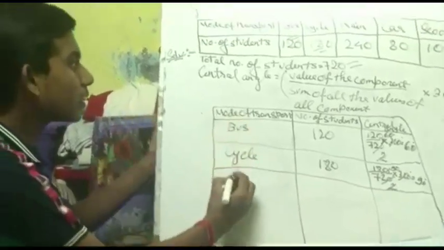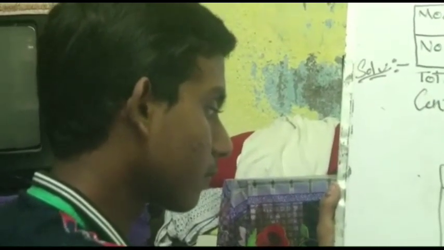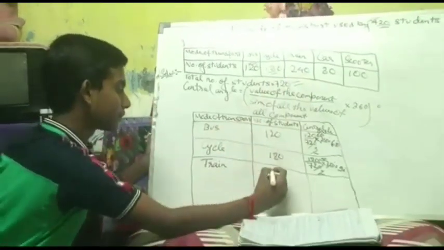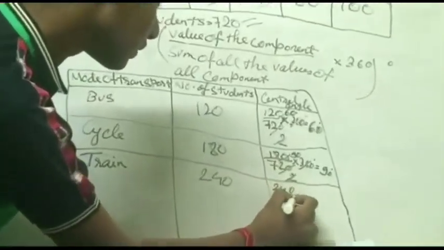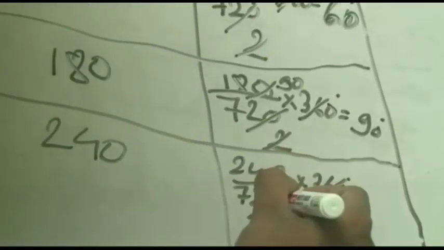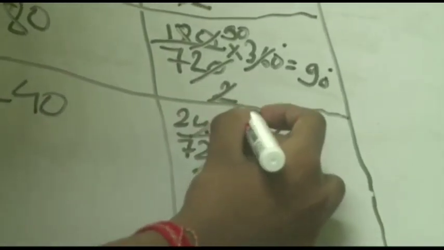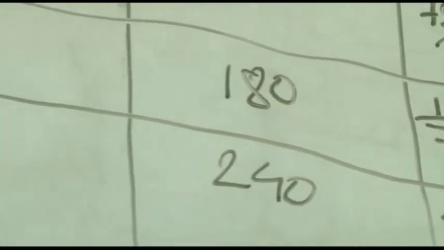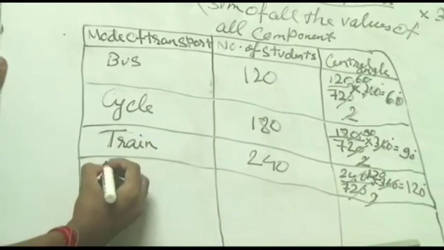Third, train. Number of students who have used it is 240. 240 by 720 into 360 degree. 360 by 720 is 2, and 2 into 120 is 240. Then the answer is 120. Then car.